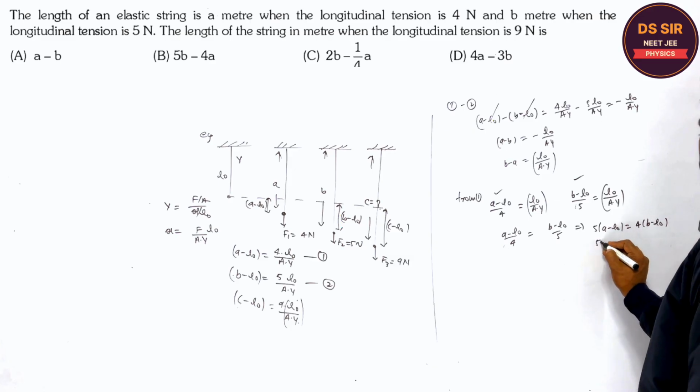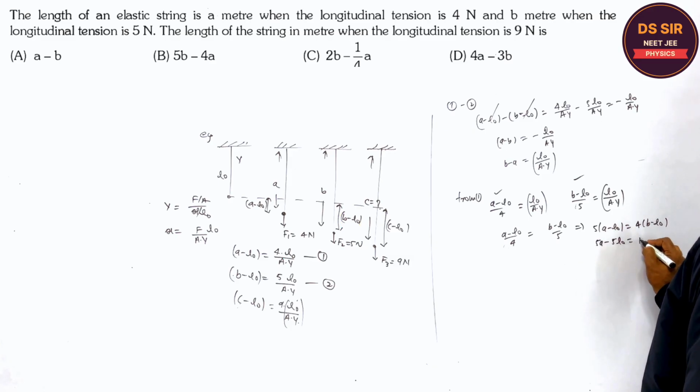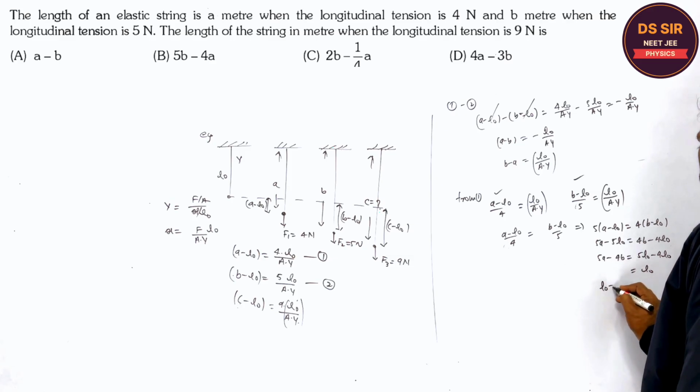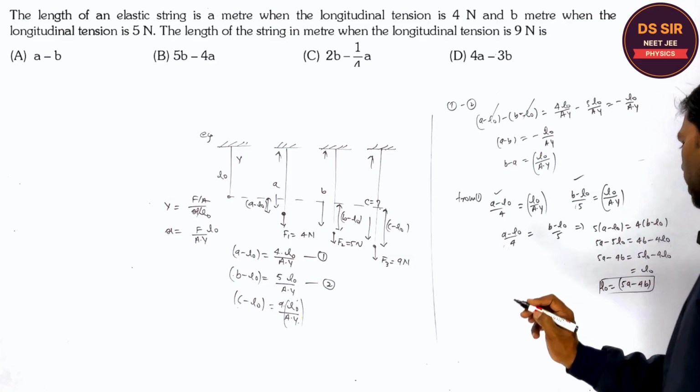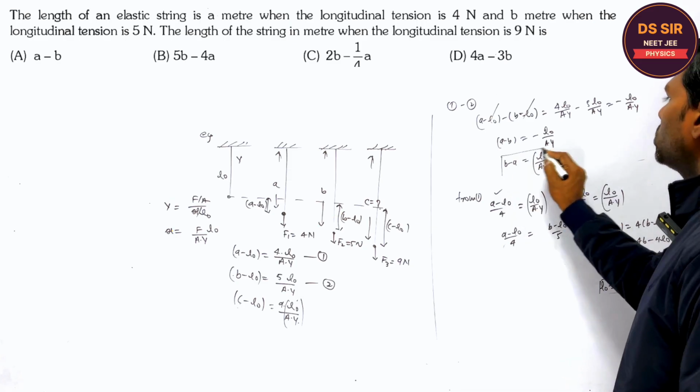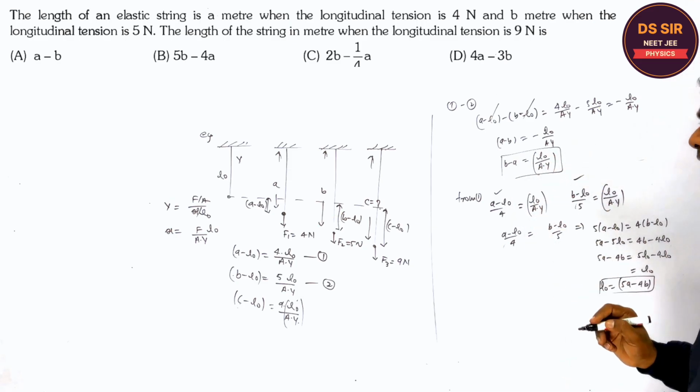So it is 5A minus 5L0 equals 4B minus 4L0. So 5A minus 4B is equal to 5L0 minus 4L0, which is L0. So the value of L0 is 5A minus 4B. Is it clear or not? So now we found the value of L0, and also the value of L0 upon AY.